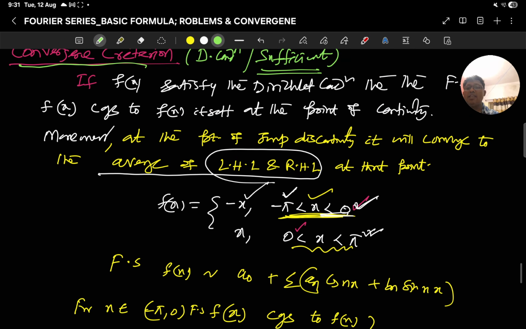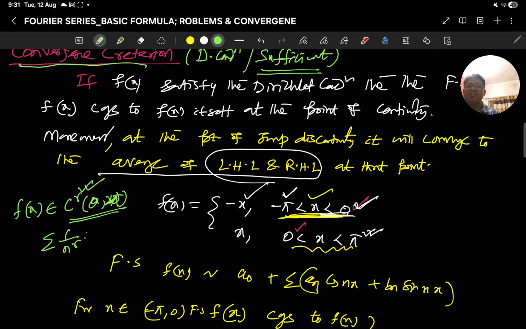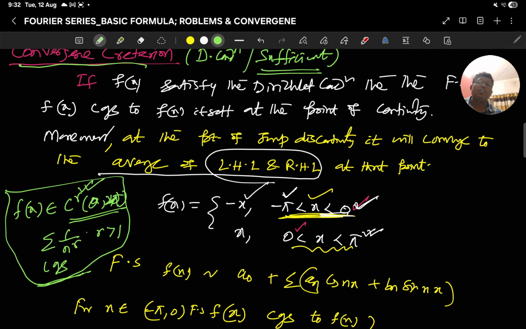In particular, if f(x) is continuous in this interval, or in the interval 0 to 2 pi, then the Fourier series will be dominated by summation of 1 by n to the power r. So for r greater than 1, this will converge. Clear. More about the convergence we will subsequently discuss. However, this condition is sufficient. Even if this doesn't hold, still this Fourier series will converge.